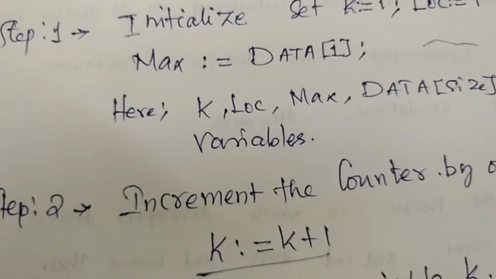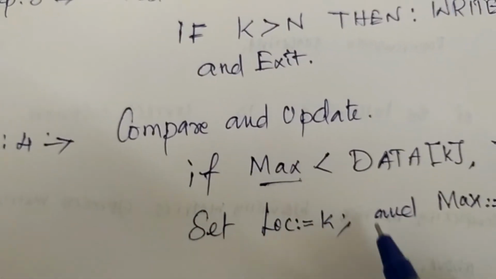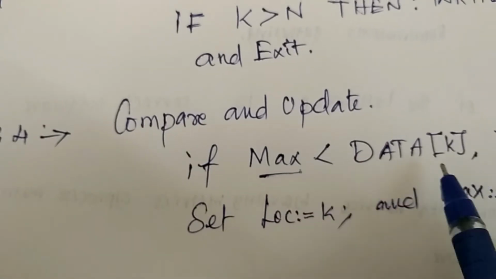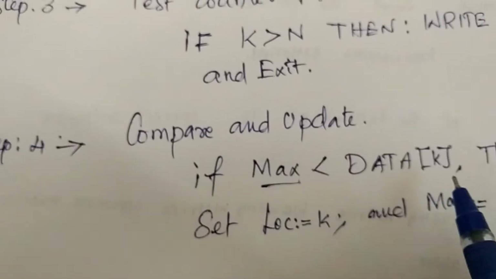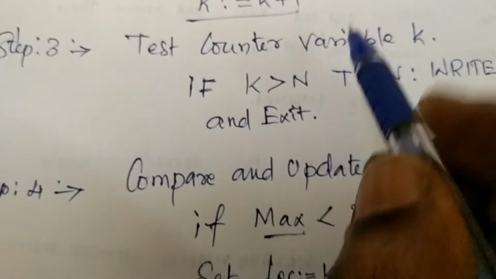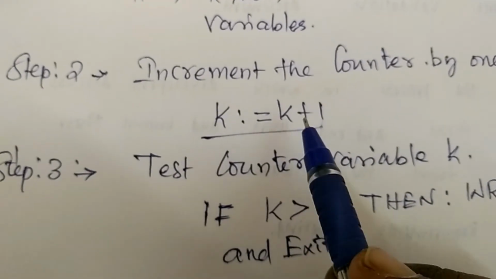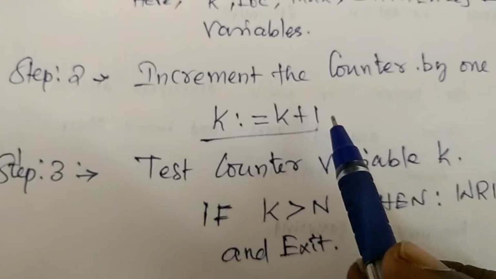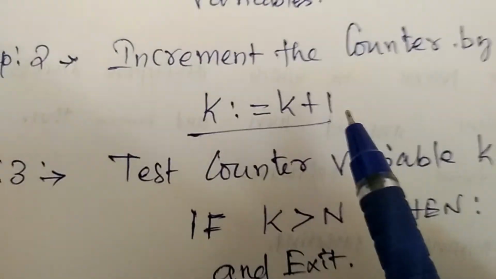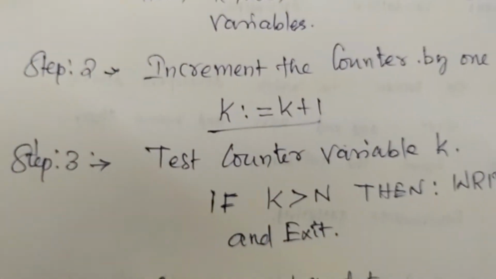Now we are comparing the element max is less than data of K. We are reading the next character by incrementing the K value. So here we read the value one by one by using the counter variable as an index.